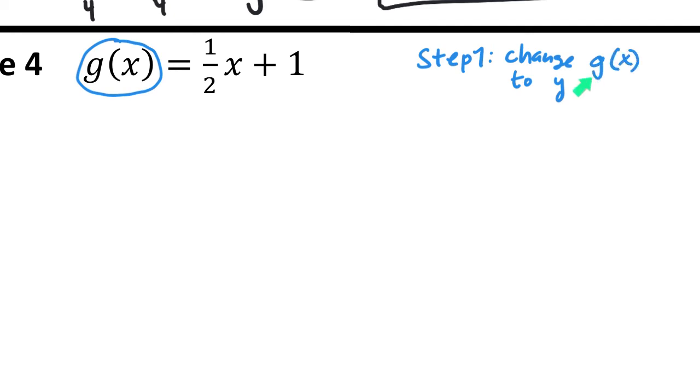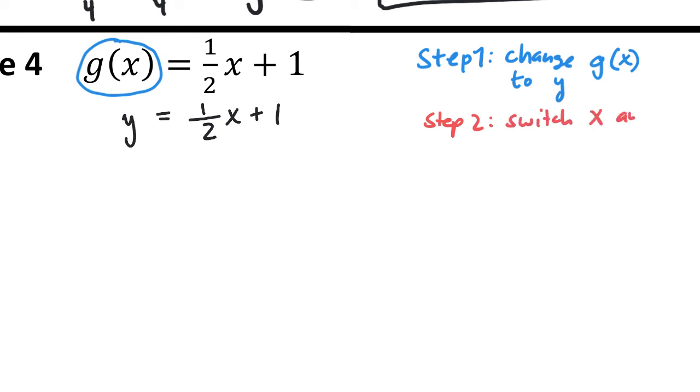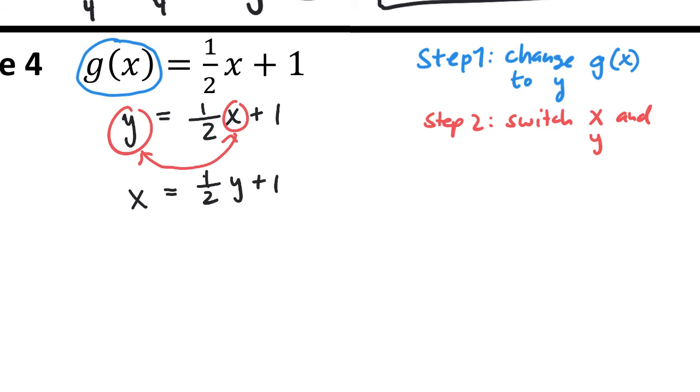So I'm going to say change g of x to y. Okay, so we're going to say y equals 1/2 x plus 1. Okay, step 2. Switch x and y. So that's going to give me x equals 1/2 y plus 1.